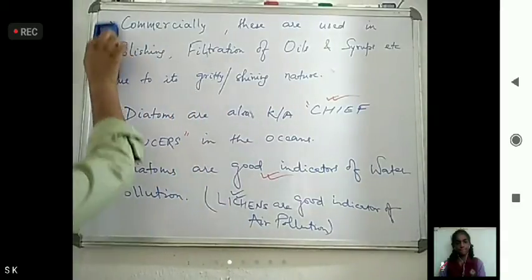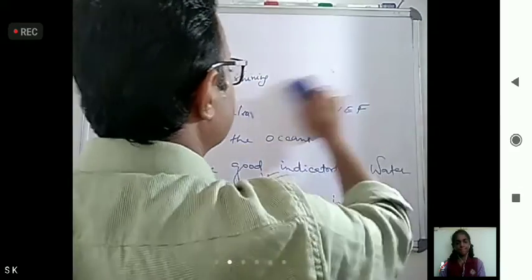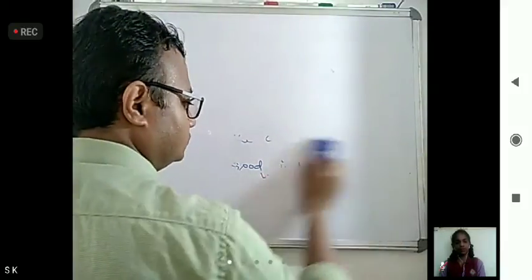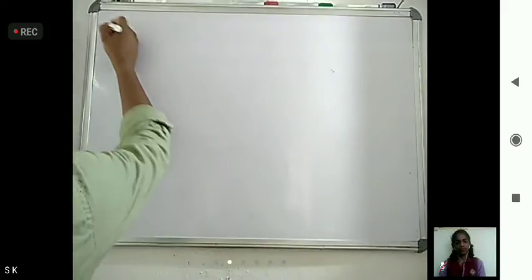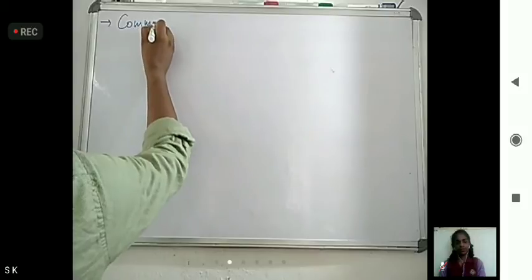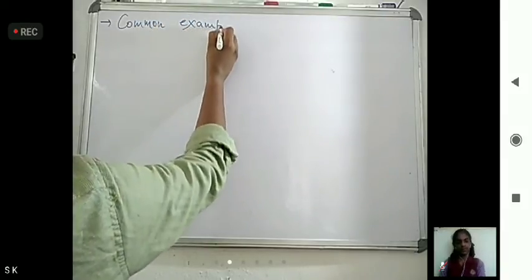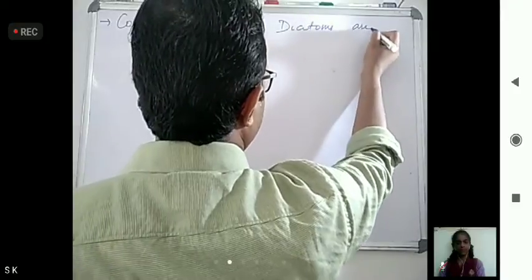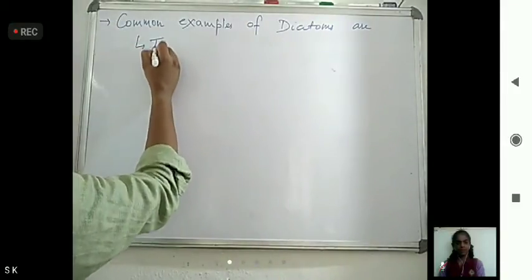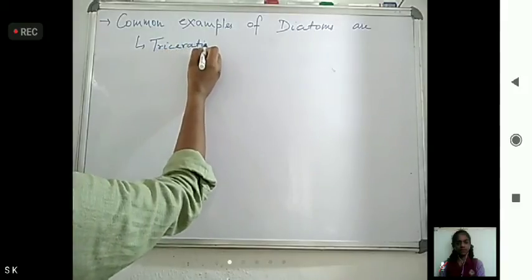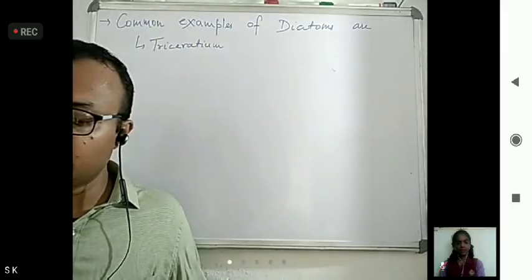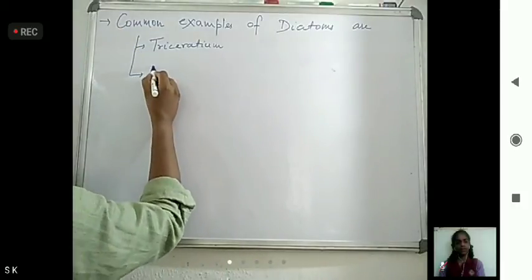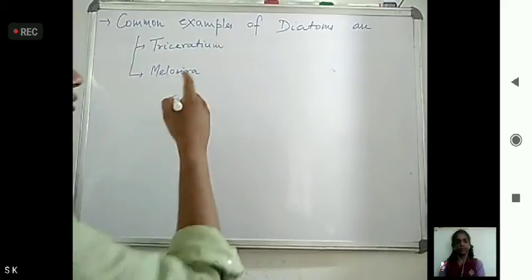Triceratium. So let us come to the common examples. What are those? Common examples of diatoms are, first, Triceratium.